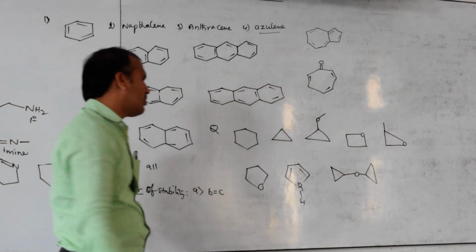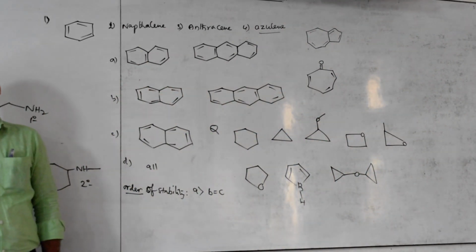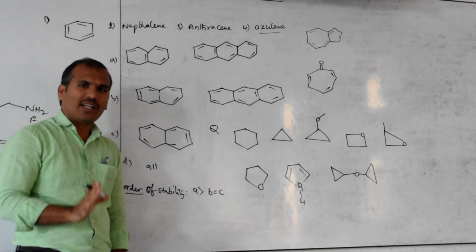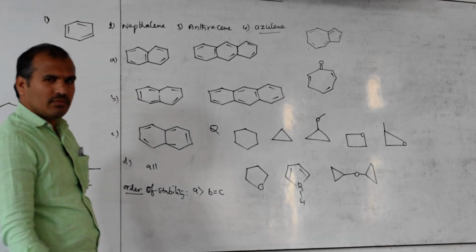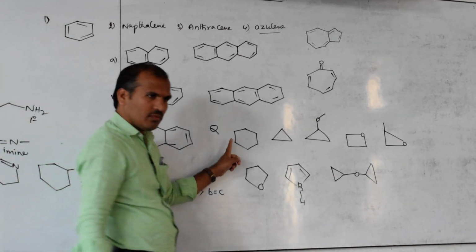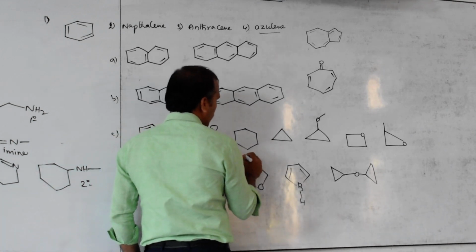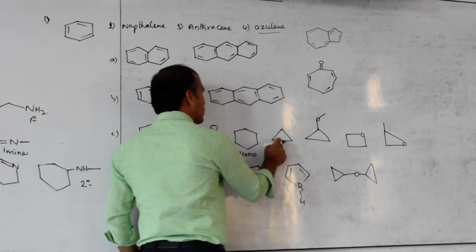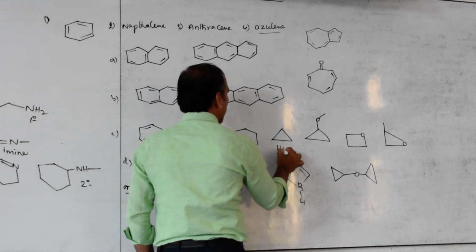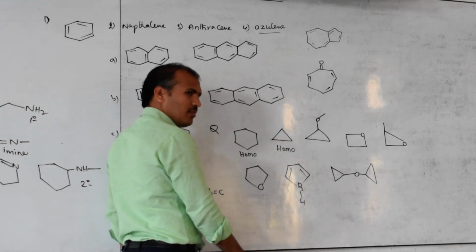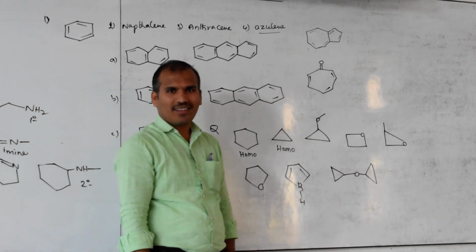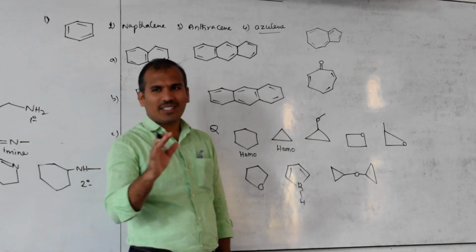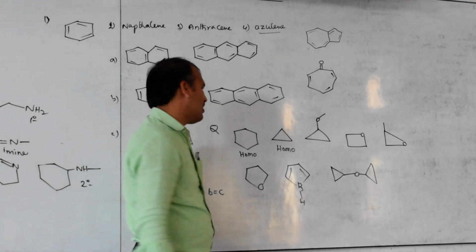Like this may be here. In this, which of the following is homocyclic, which of the following is heterocyclic? Find out. First one. Then I will write this is homocyclic. Homo. Next. Homo. Next. Somebody homo. Next one, hetero.